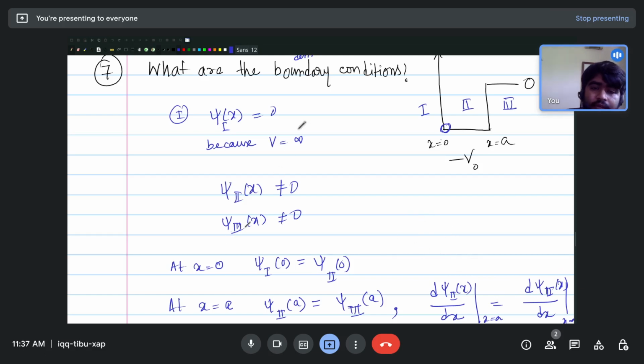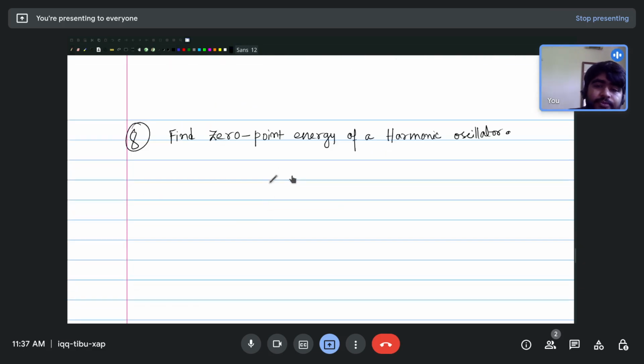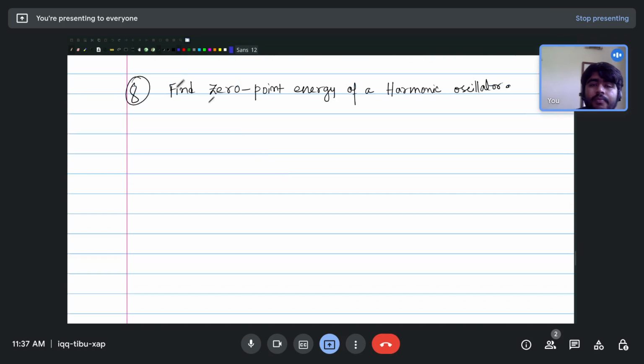Okay, let's move on to the next problem. The next problem asks you to find the zero-point energy of a harmonic oscillator. For the harmonic oscillator we can write the Hamiltonian as H equals p squared by 2m plus half m omega squared x squared. Zero-point energy refers to the ground state energy.